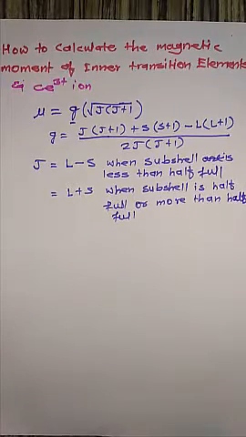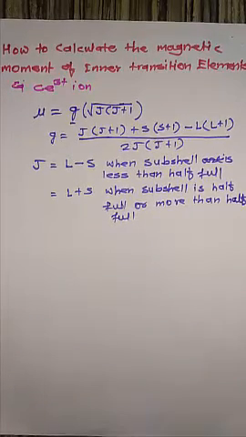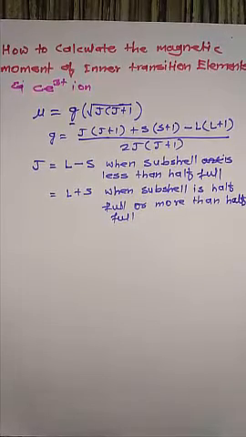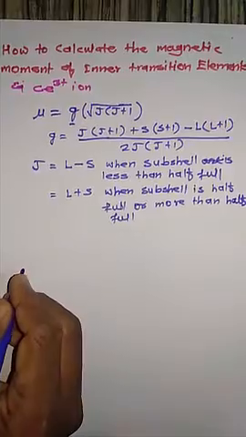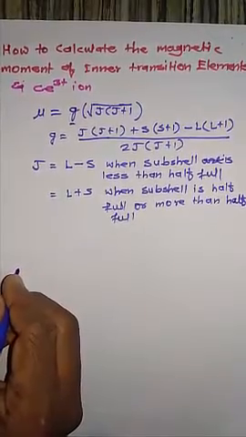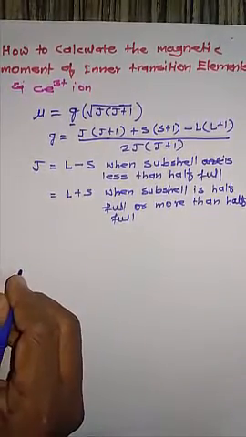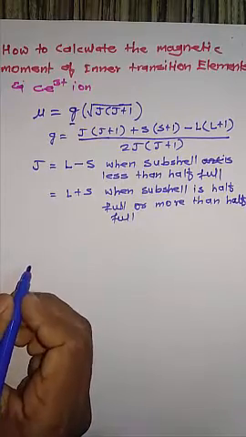Here we have to calculate the magnetic moment of cerium. First it is very important to know the valence shell in which the unpaired electrons are present.